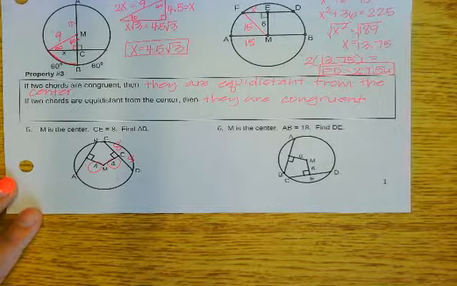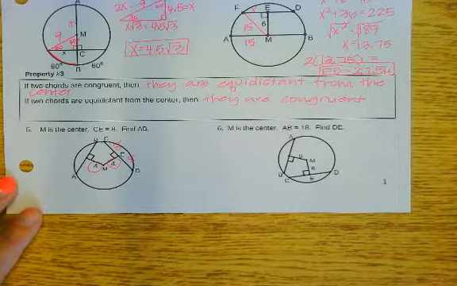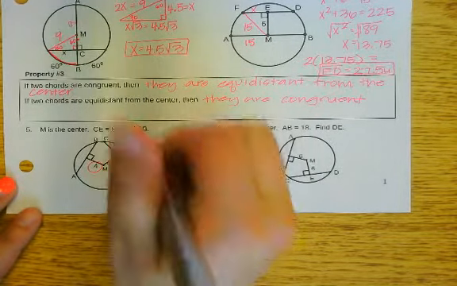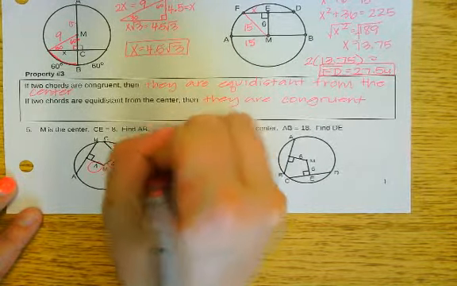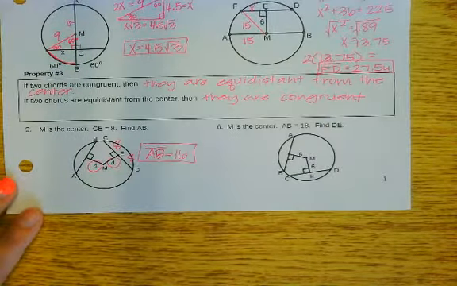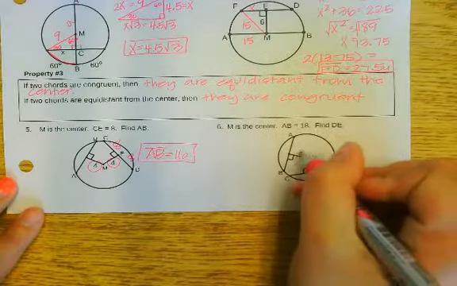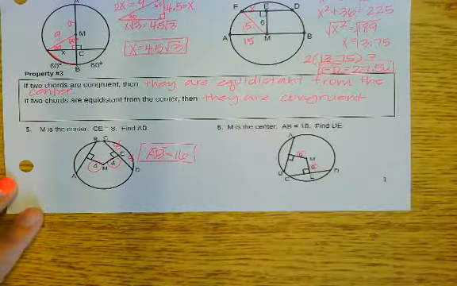Yes. Right. So what does AB equal? 16. You were right. Okay, for 6, M is the center. We've got equidistant, so you know CD again is congruent to AB.